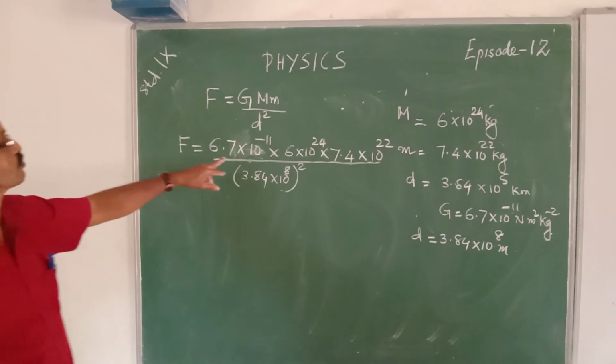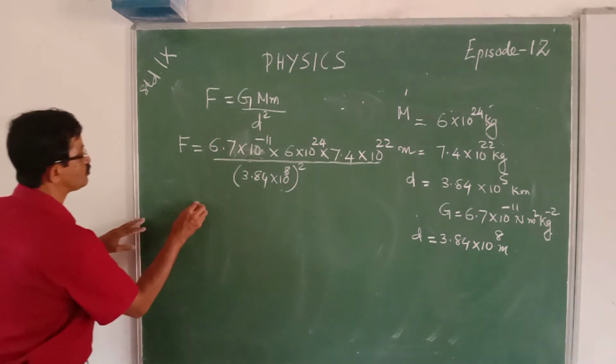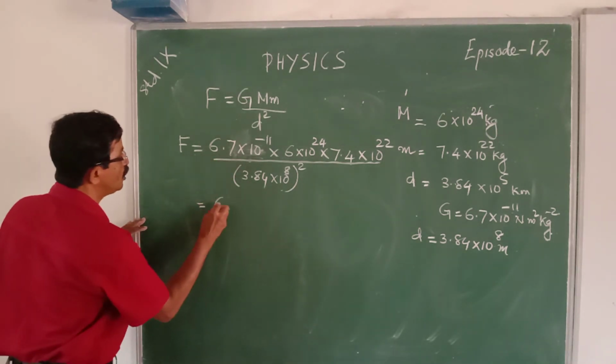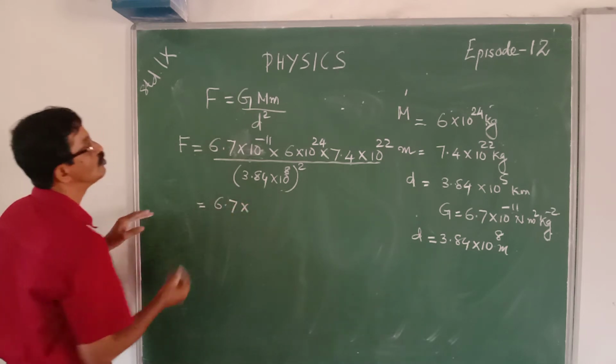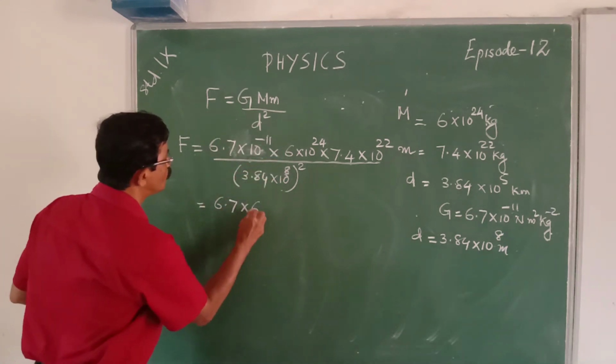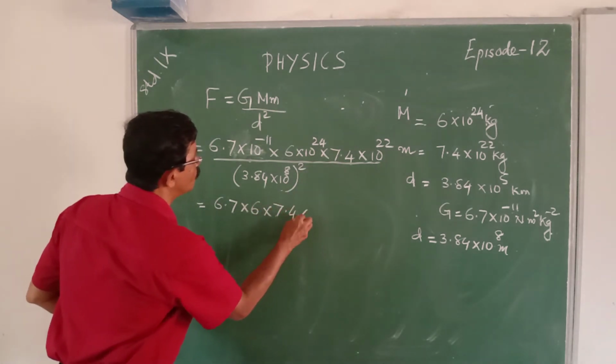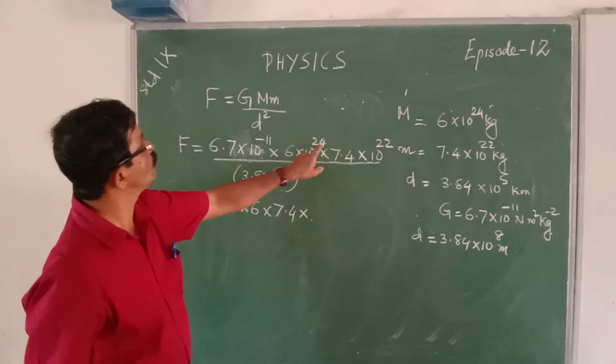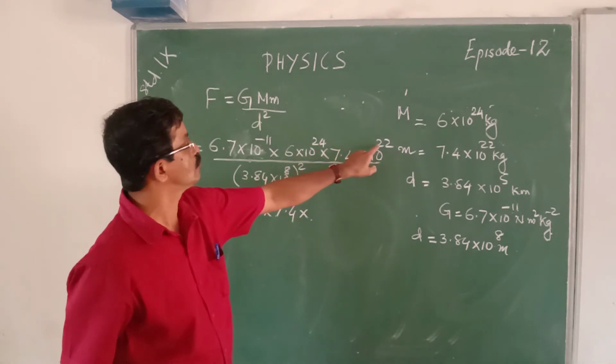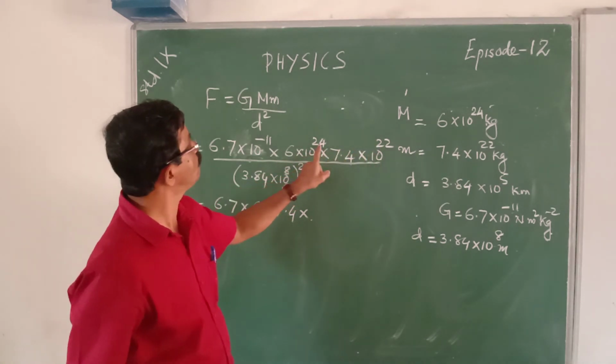Now one more step: 6.7 into 6 into 7.4. Then the powers 24 and 22.